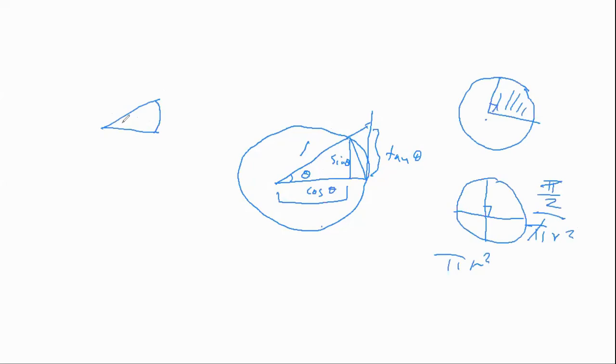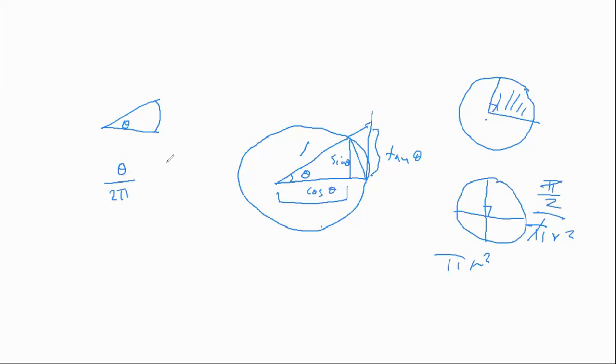The area of the sector of the circle depends on this angle. We take the ratio, which is theta over 2 pi, correct?